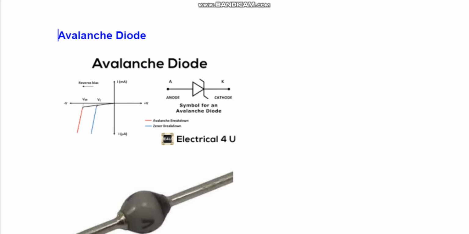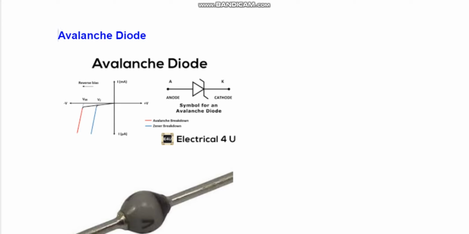Avalanche diode. The avalanche diode is a PN junction diode that is specifically designed to operate in the avalanche breakdown region. Avalanche breakdown is a phenomenon where sufficient reverse voltage is applied to the PN junction, due to which the minority carriers ionize and start a heavy current flow in the reverse direction.